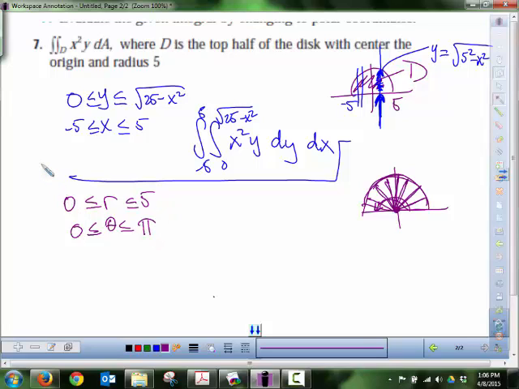Now, having constant limits for both the inside and outside integrals is really, really easy. Not easy, but that's what we want to strive for. Okay? We want to try to push for constant limits, and sometimes you just can't get constant limits.